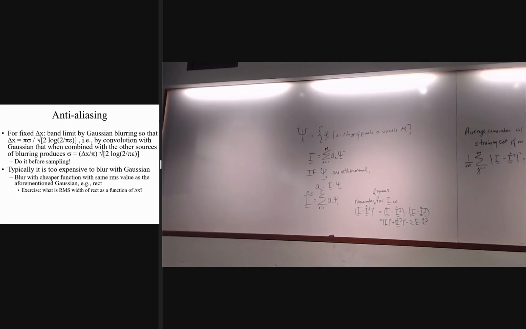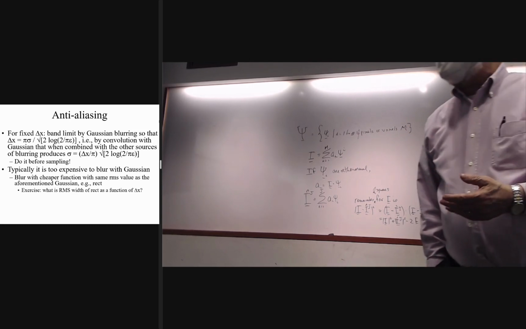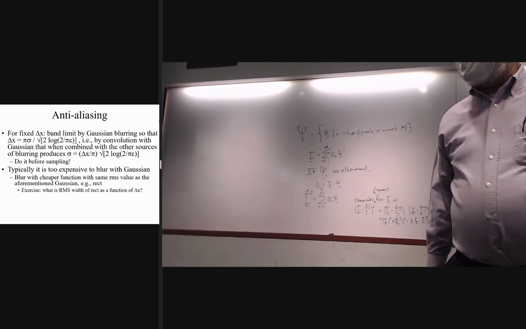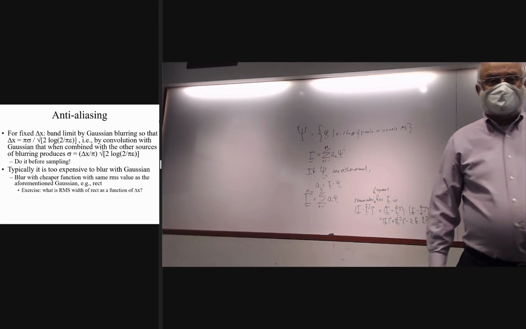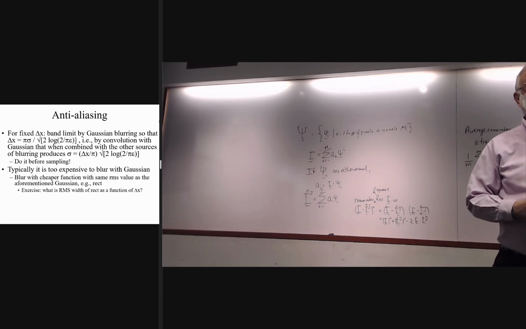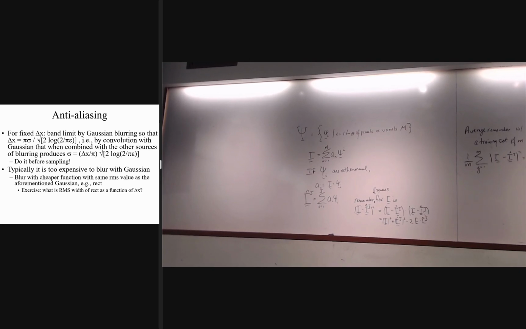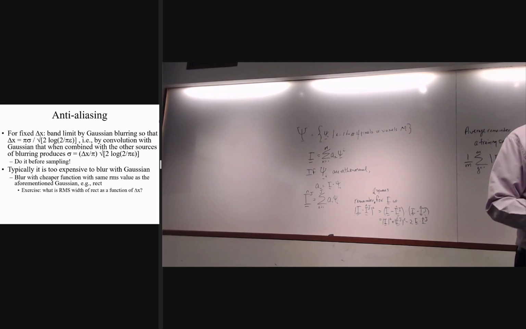So the question is, if you have an image that is undersampled, that is to say, has a delta x that is larger than what you need, what can you do? The short answer is nothing. Once you've badly sampled, there's not much you can do.